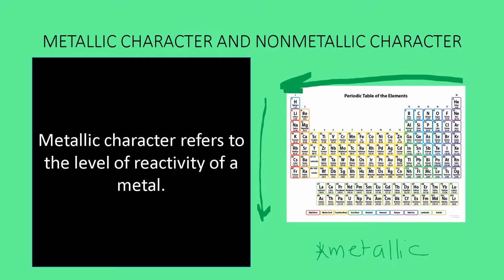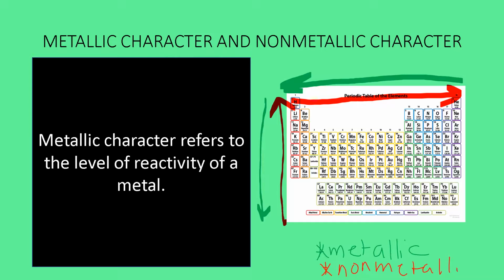And we also have non-metallic character, which you're likely to be asked about, and non-metallic character is going to increase from bottom to top and from left to right. They are complete opposites of each other, obviously because metallic and non-metallic are opposites of each other.